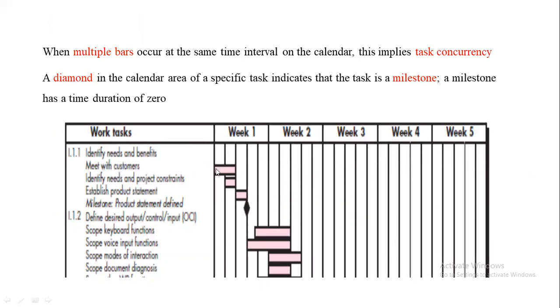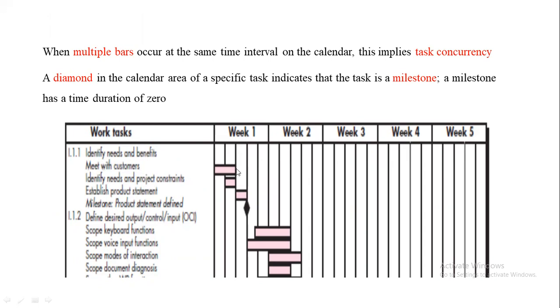Let us assume that in a week, you're going to work for 5 days. So meeting the customer can take 2 days. That is what the diagram means. Then identifying the needs and constraints will take the second day. And finally, coming out with the product statement will be done on the third day of the week. Milestones are represented as diamonds.